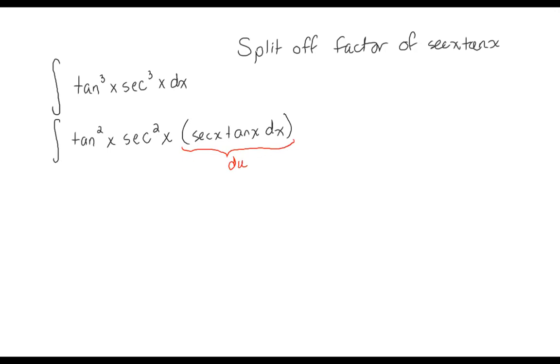That's my differential, and the only way that can happen is if u equals secant x. Du would be secant x tangent x dx. So in order to do this, I need to take this tangent and write it in terms of secant.